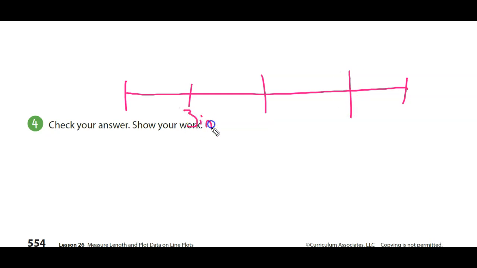So 3 inches, 3.5, 4 inches, 4.5. So how many were 3 inches? How many fish were 3 inches? 2. So I put 2 X's above this one.